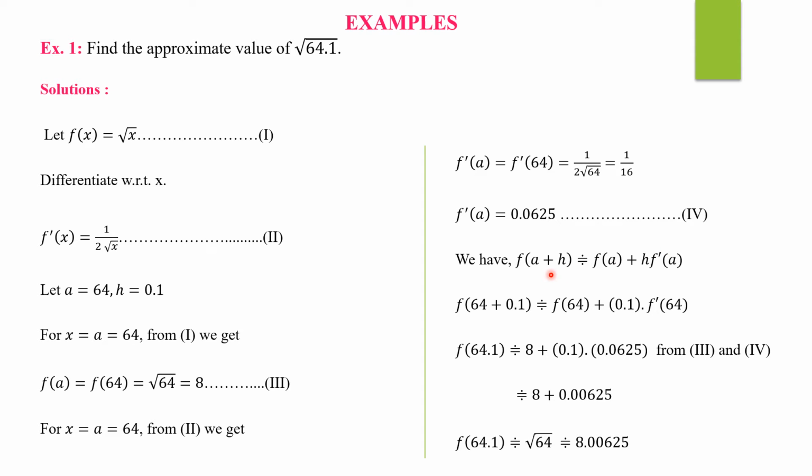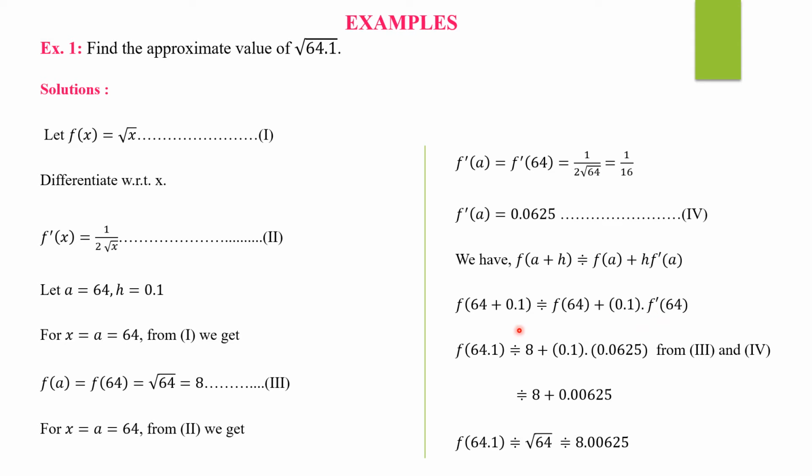We have the formula of approximation f(a + h) ≈ f(a) + h f'(a). Here the value of a is 64, h is 0.1. So f(64 + 0.1) ≈ f(64) + 0.1 f'(64).